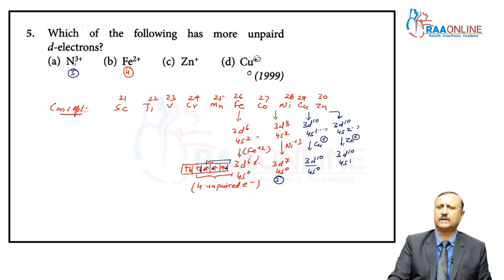So, my dear students, here you can see one electron is present in this s orbital. Now we can search all the unpaired electrons present in the ions. So, my dear students, your answer is B, because in Fe plus 2 you get 4 unpaired electrons, my dear students.